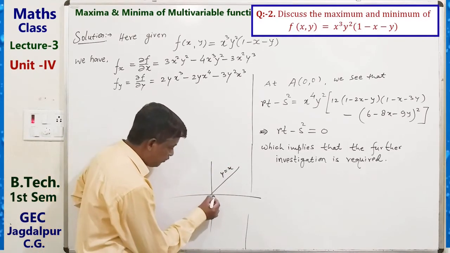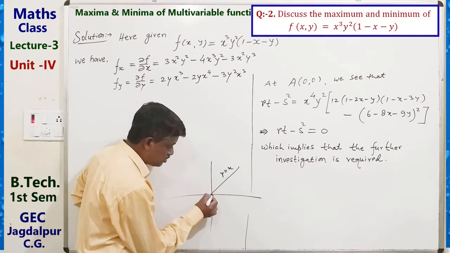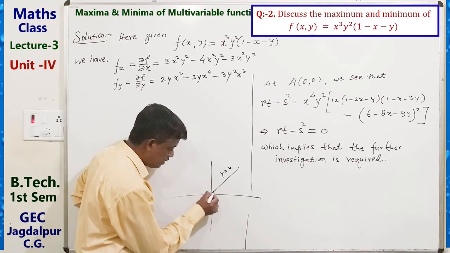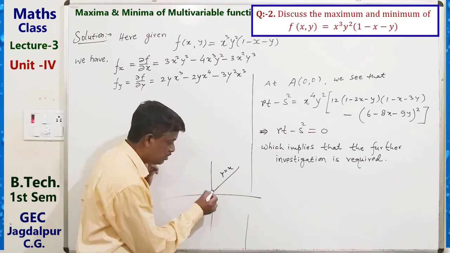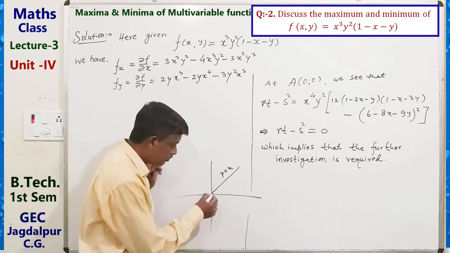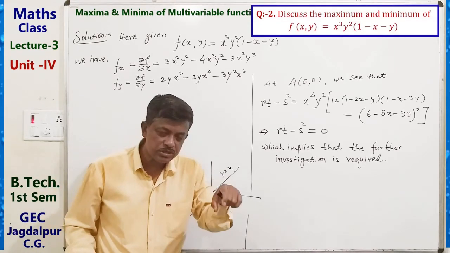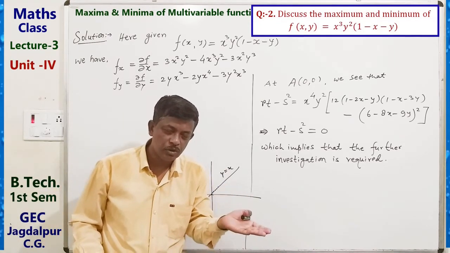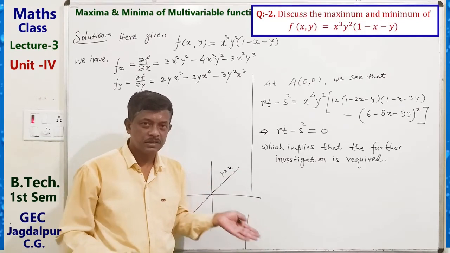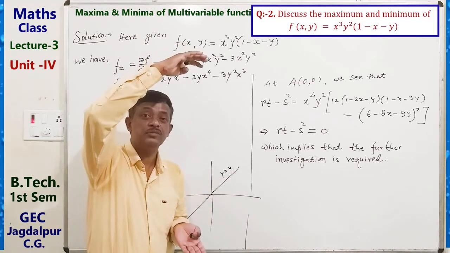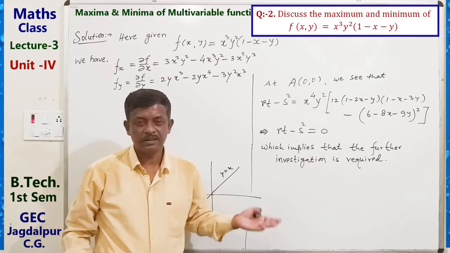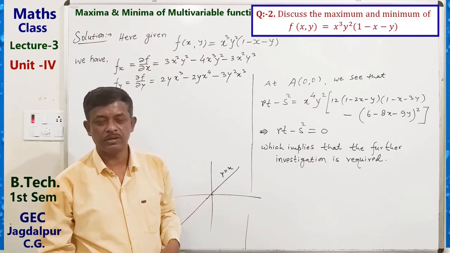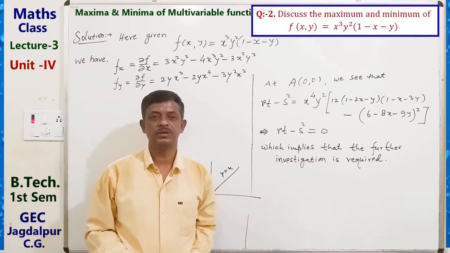And if we take points nearer to 0, 0, and there are points where the value of z is once greater than f(0, 0) and once less than f(0, 0), then there will be no extreme value.